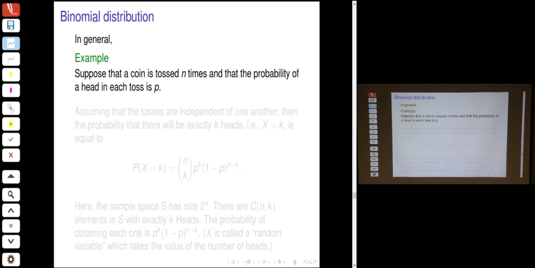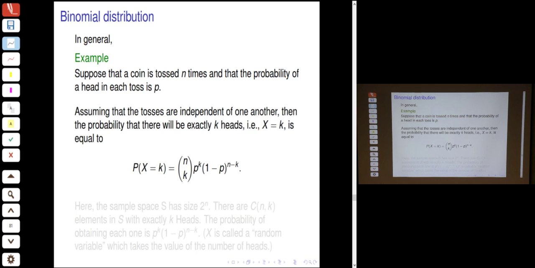So now we want to introduce something called binomial distribution. Probably you learned this in JC, I think. But anyway, let's look at an example. Suppose that a coin is tossed n times, and the probability of a head in each toss is p. Just like the loaded coin in the early example, the probability of getting head is 0.6, so now p is 0.6.